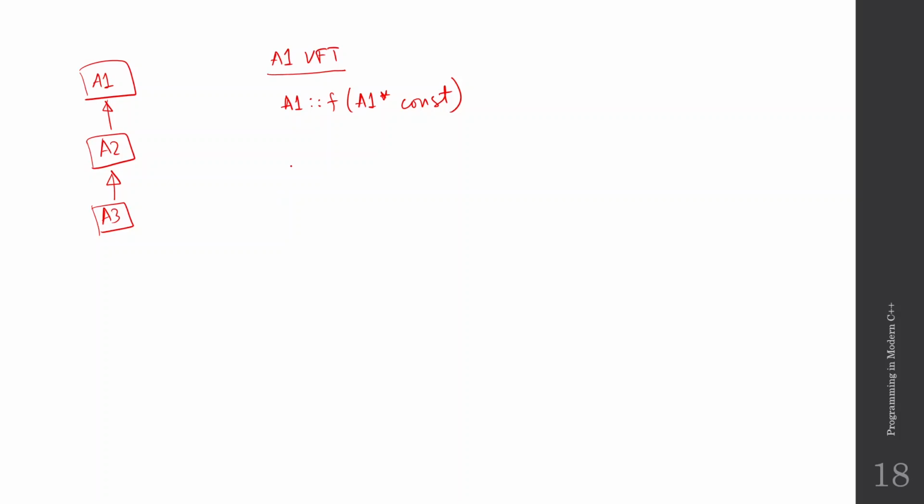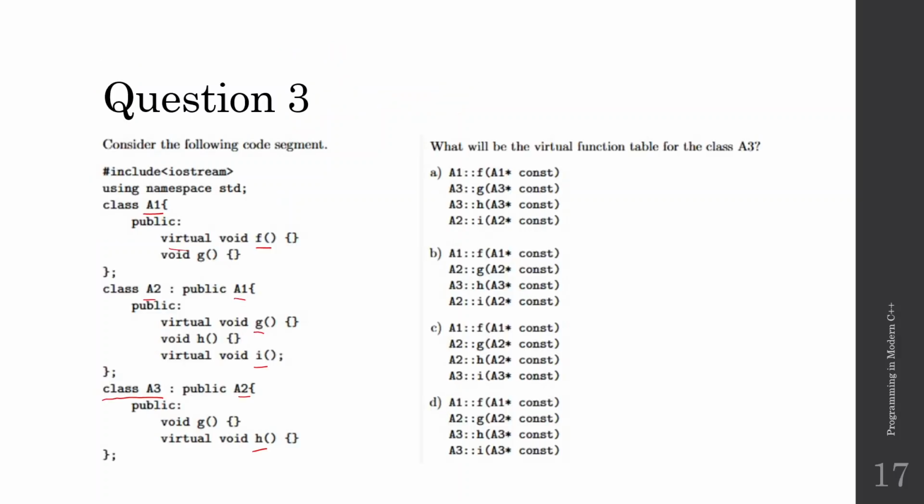Now let's go to A2. Since A2 inherits from A1, A2 will have an f function of its own. In addition, it will have functions g and i. Note that h is not a virtual function, and also note that in A1 we have a g function, but it is not a virtual function.